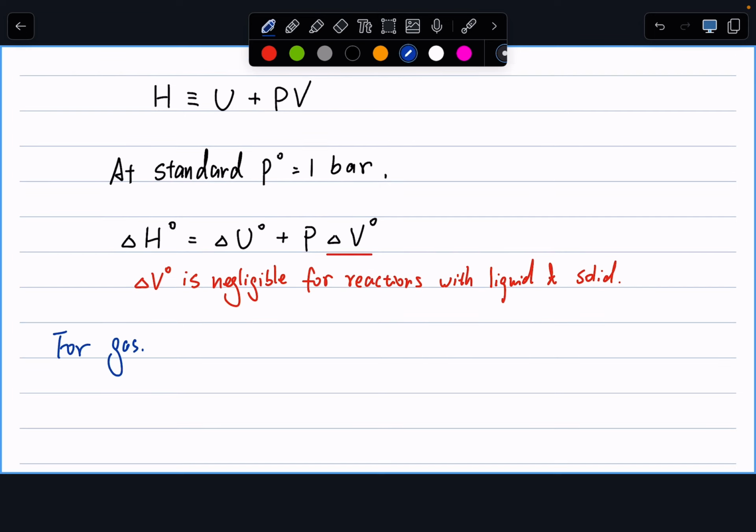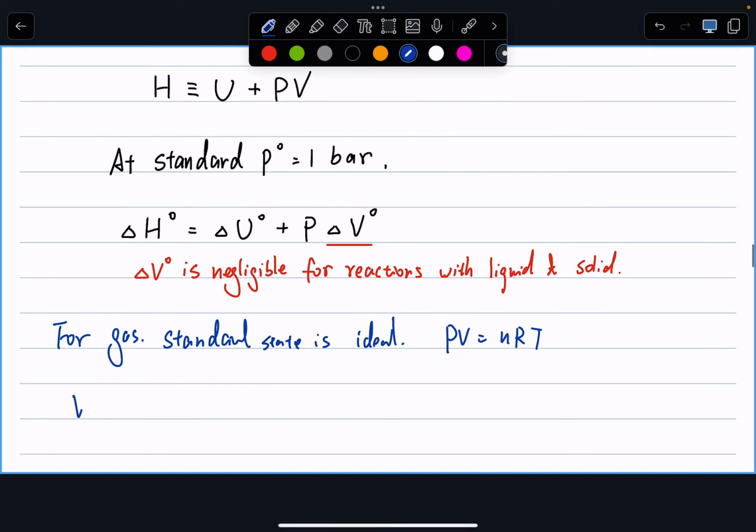First of all, what do we know about the standard state of gases? We know the standard state for gases must be ideal. Right, so we can use our PV equals nRT, or my V naught equals nRT divided by P naught.